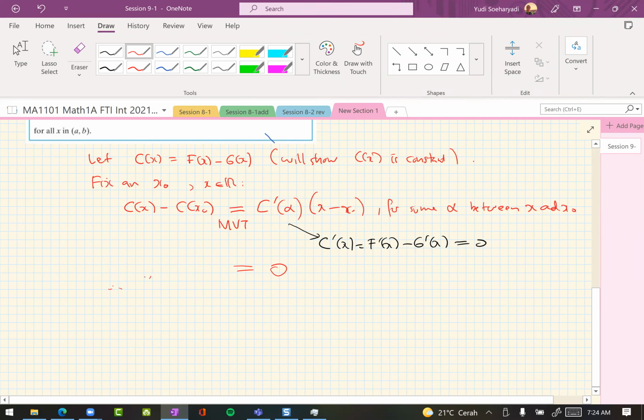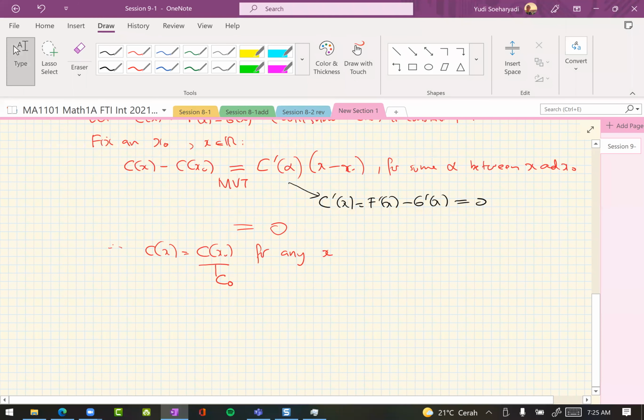That means C of x equals C of x naught for any x. Let's say this is called C, because that's constant. So that means C of x is constant.